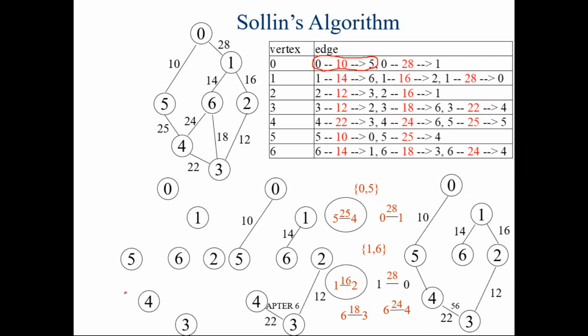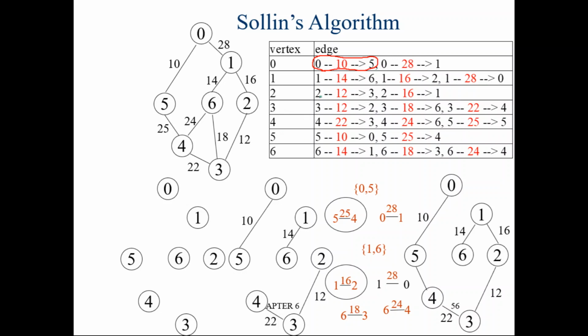The minimum cost edge is the one from 0 to 5. That edge we will just mark down, we won't add it to the graph yet. Like that we identify the minimum edge for all vertices, then add them to the spanning tree.